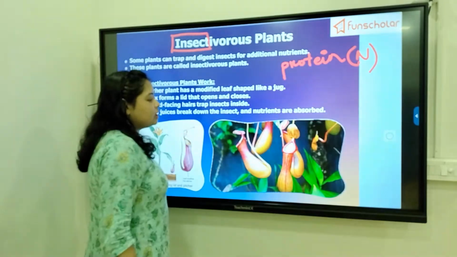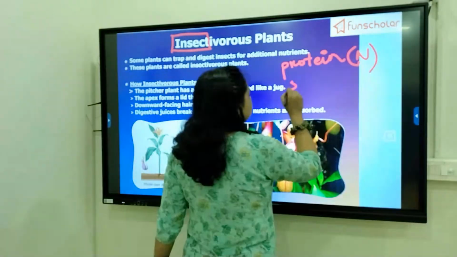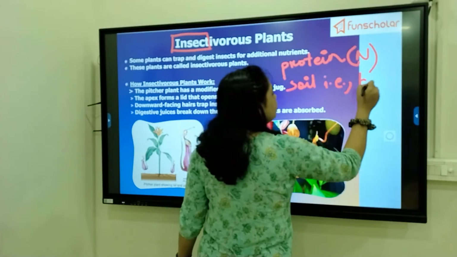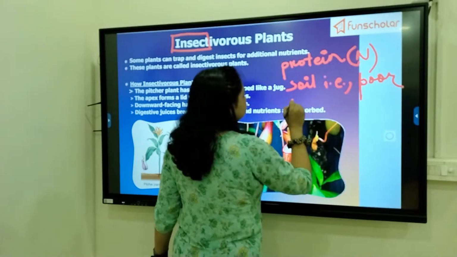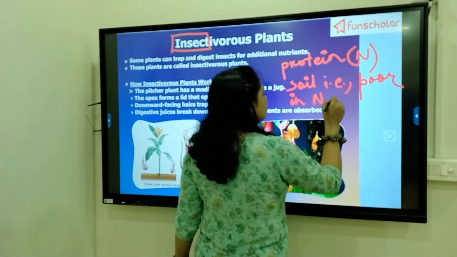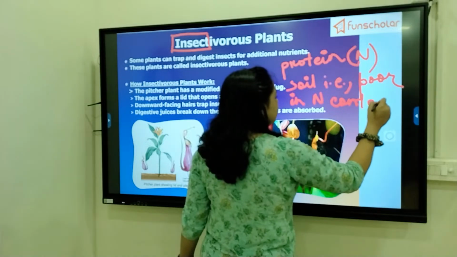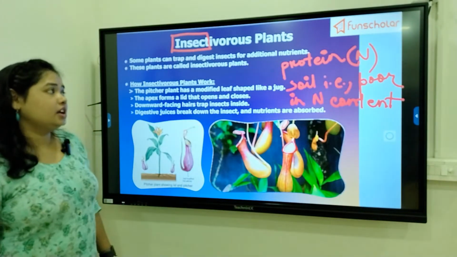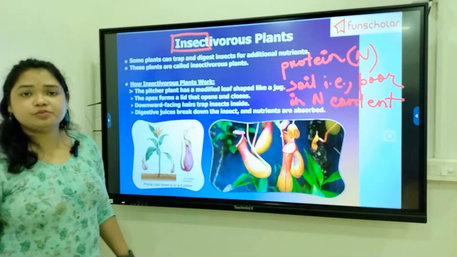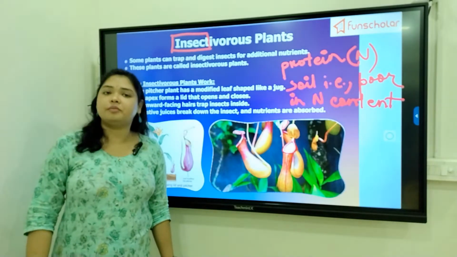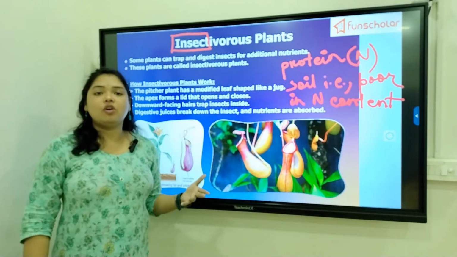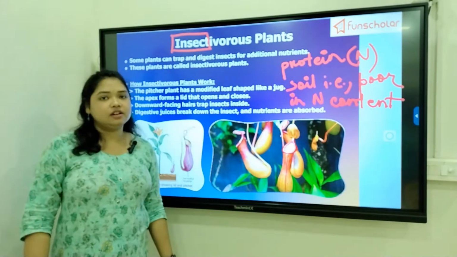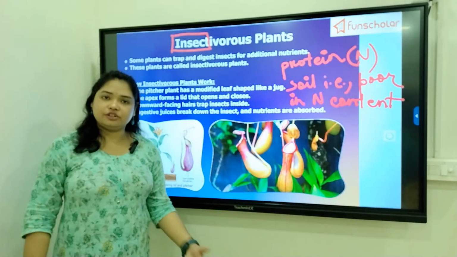Because insectivorous plants grow in soil that is poor in nitrogen content. If nitrogen is not there, the plant will not be able to synthesize protein for proper growth and development. So it has to rely on devouring insects, from whose body it can get the proper nitrogen nutrition.